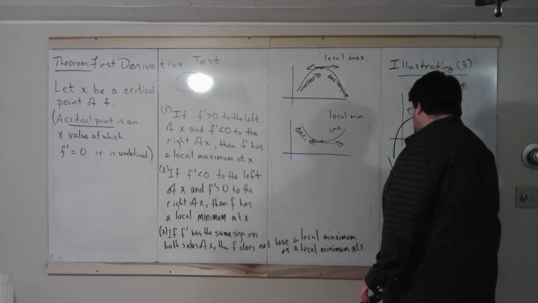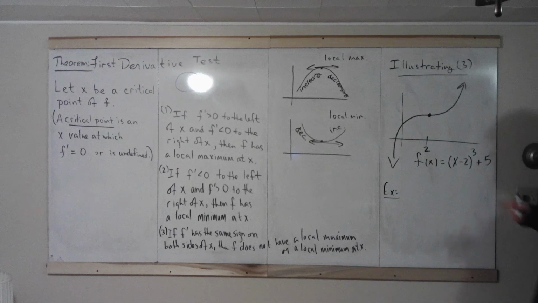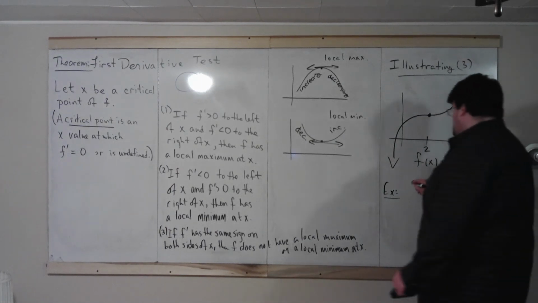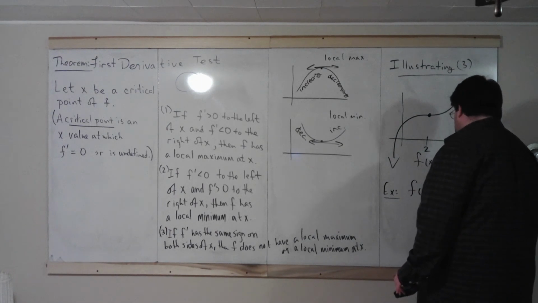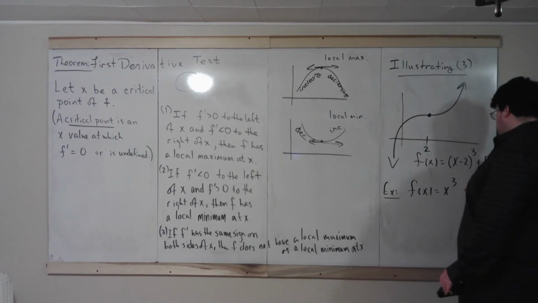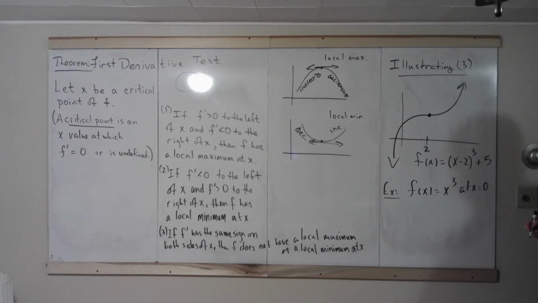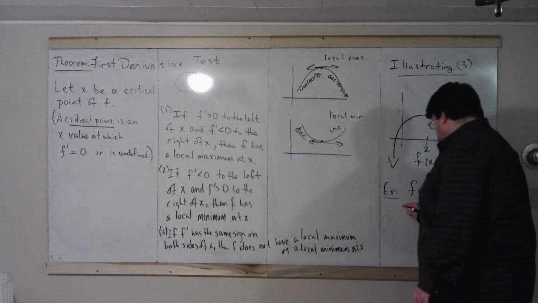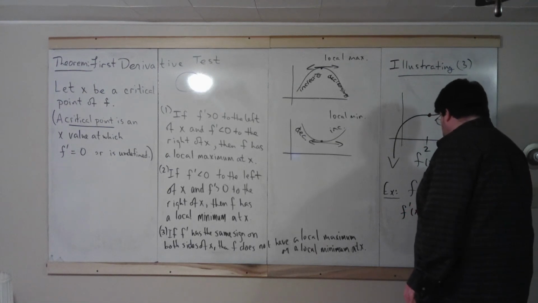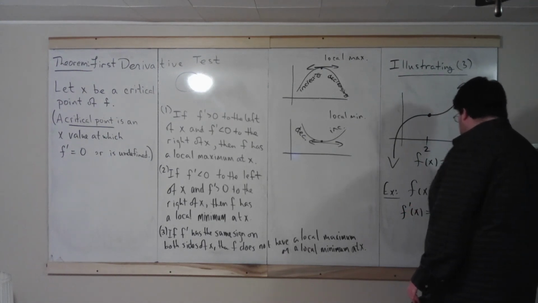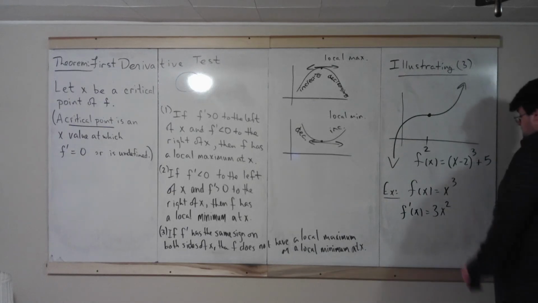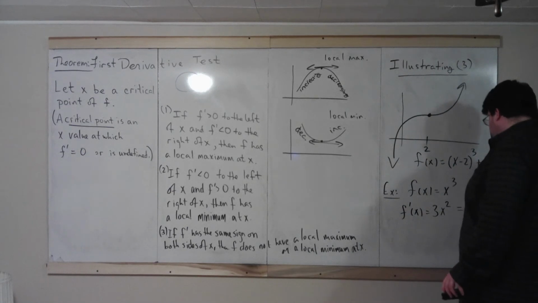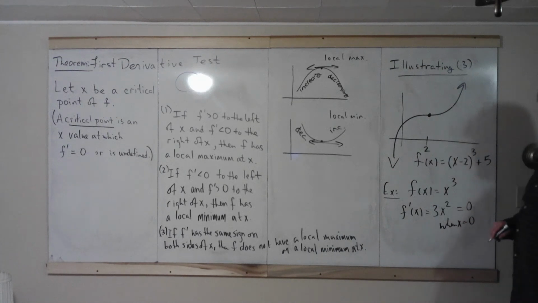Another example you could look at, instead of throwing all these numbers around, take f of x equals x cubed at x equals 0. x equals 0 would be a critical point for that, and we could even show this. f prime of x is what? 3x squared, which equals 0 when x equals 0. There's its critical point.